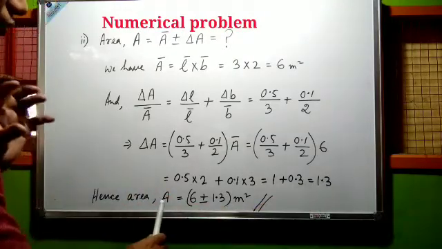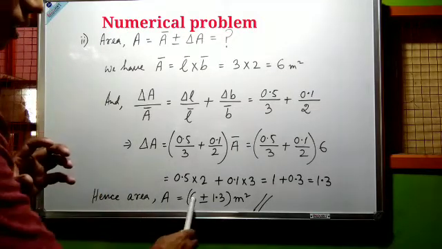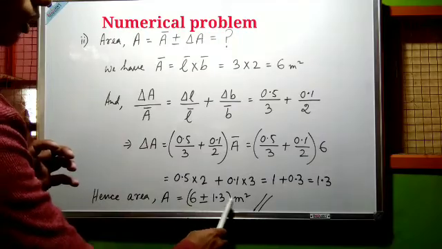So the final area of the rectangle is 6 plus minus 1.3 meter square.